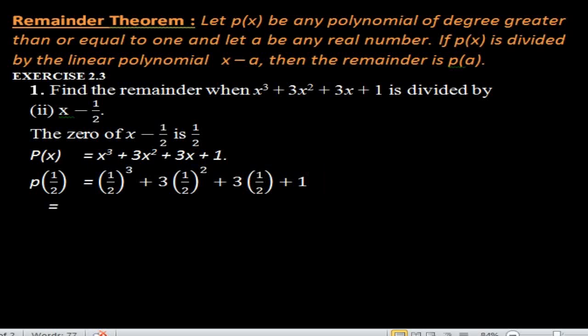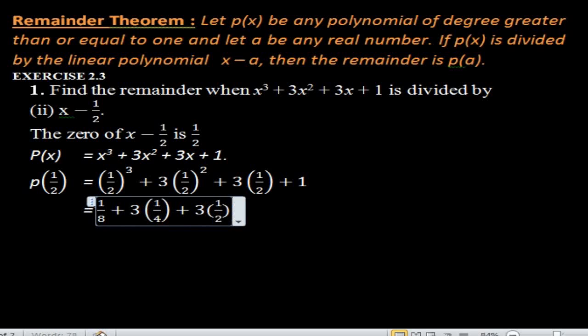Then we have to simplify this. How to simplify this? First we have to find the exponents. So the first term, 1 by 2 whole cube, becomes 1 by 8, plus 3 into 1 by 4, plus 3 into 1 by 2. We don't have any exponents there, we can write it as it is, plus 1.